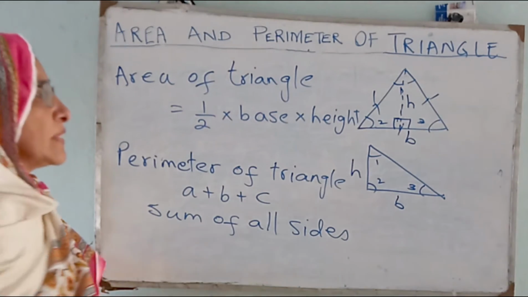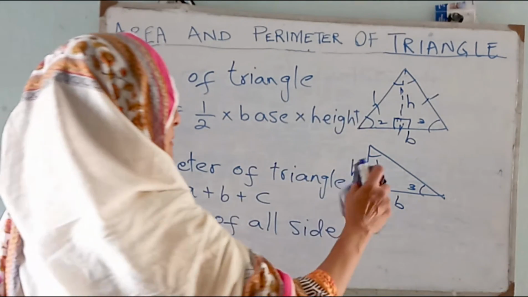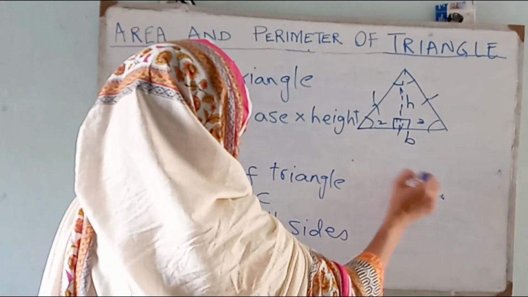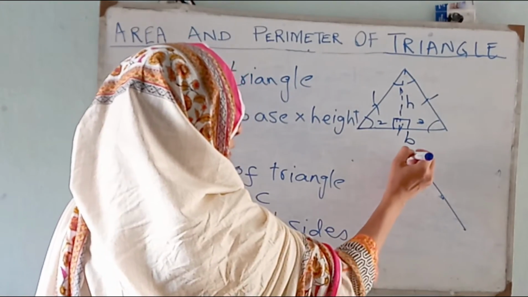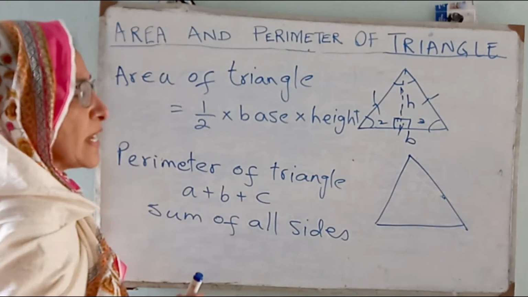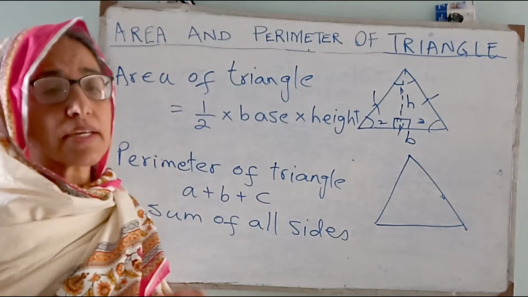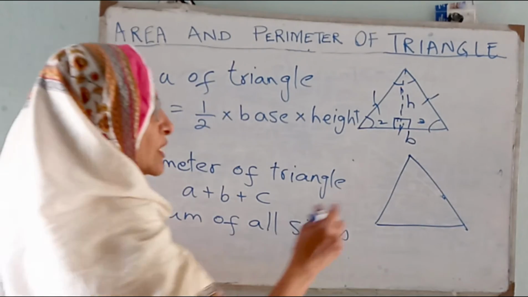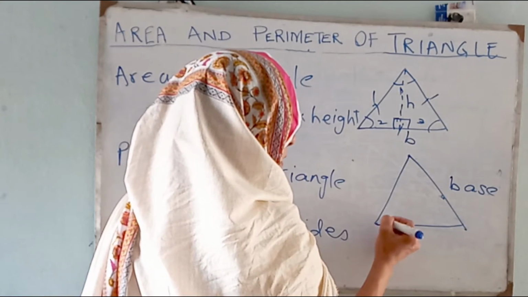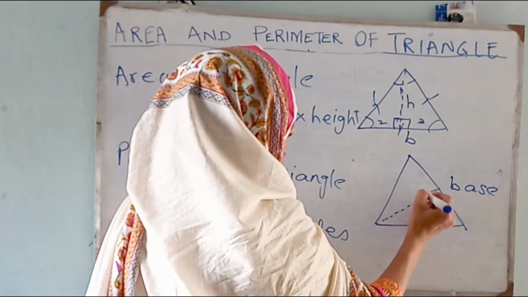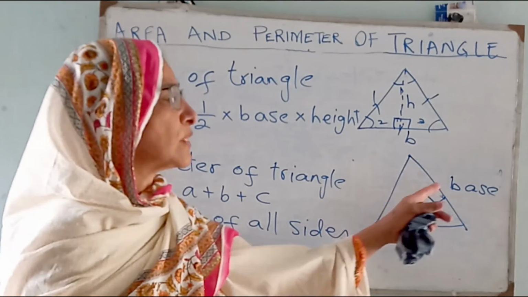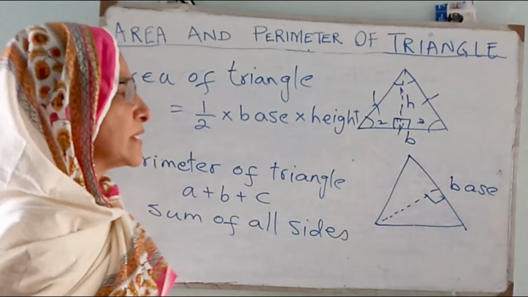Now remember that if this is a triangle, and we have another triangle in which this is the shape, then it depends on you what you choose. If this is the base, your height will be this line which is falling on the base and making a 90 degree angle.